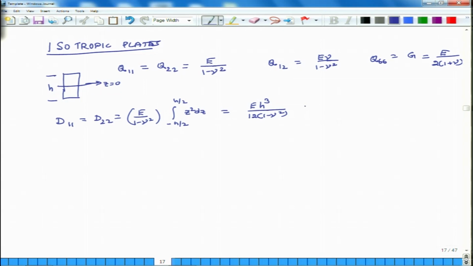This entire term I call D. Similarly, D12 is the same thing, but instead of Q11 or Q22 I replace this by Q12, so it is the same as D times mu.